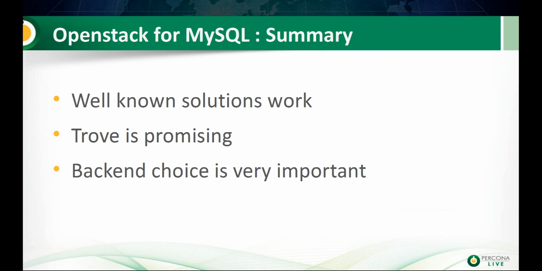The backend choice is very important. Something I didn't mention, in our Ceph cluster that has 6 nodes with a pool of SATA drives and a pool of SSD drives, using the SSD drives, and I tuned it very basically, I got, with I think 32 or 64 threads in Sysbench, above 1,000 IOPS.